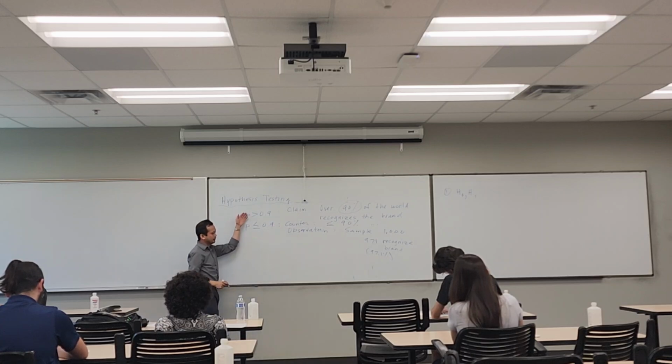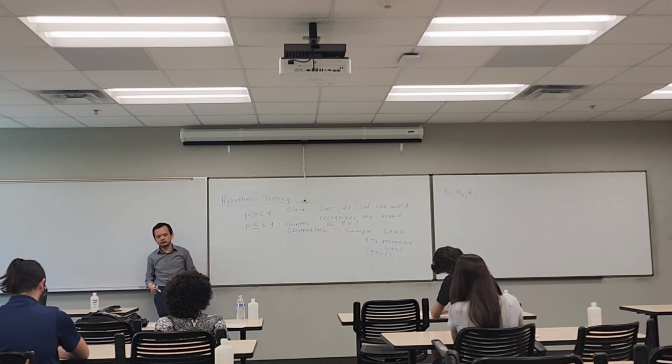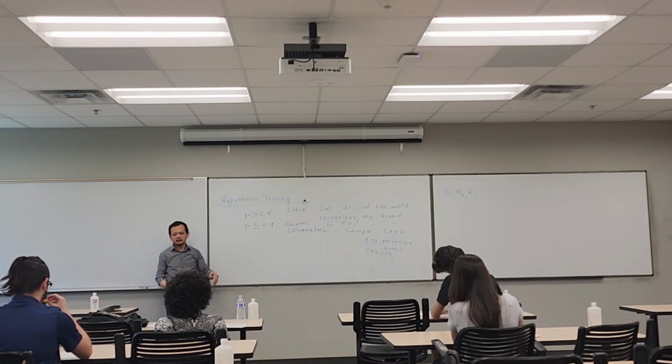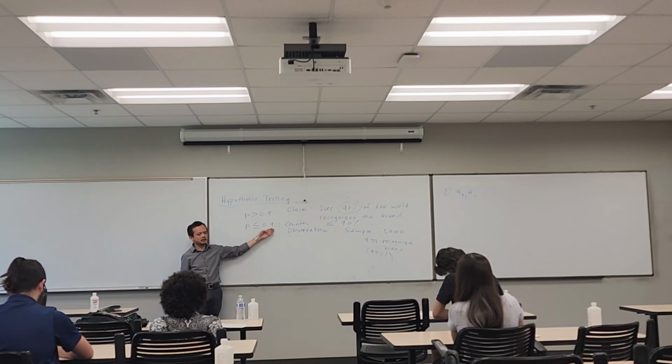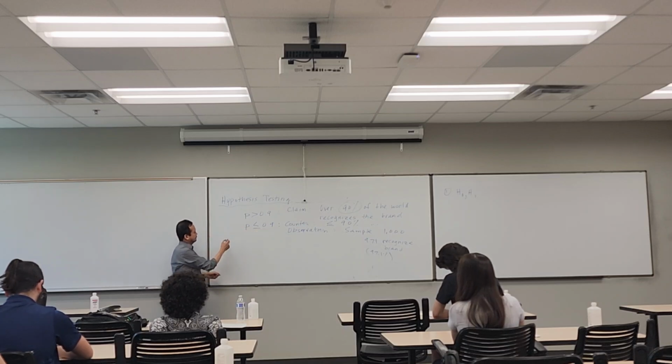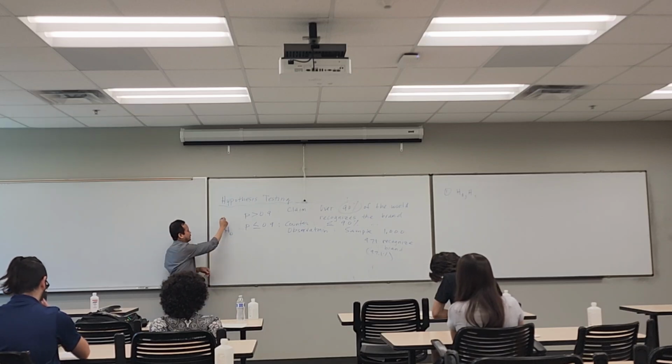Now that we have the mathematical statements, we're ready to identify which one is the null hypothesis, H0. How did we say to identify H0? Yeah, H0 is the one that has the equal sign in it. Very good. The one that has the equal sign, so it would be this counterclaim in this case. So we can say that this is involved in H0, and the other one automatically will be H1.